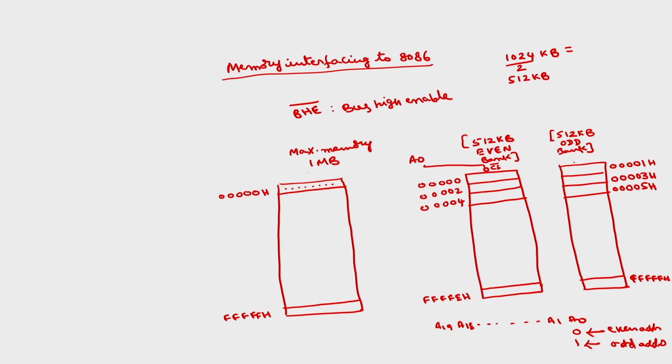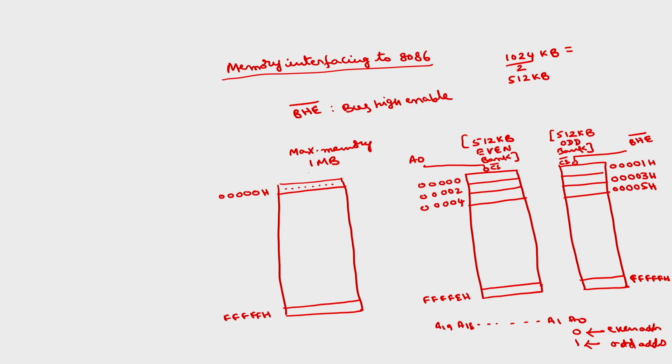Similarly, the chip select bar of the odd bank has to be connected to the bus high enable, BHE bar. Whenever BHE bar is 0, then the odd bank will be selected. Whenever A0 is 0, the even bank will be selected.